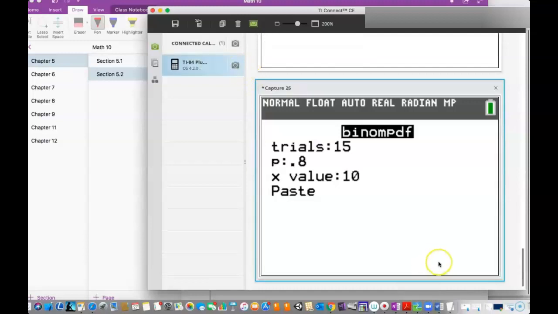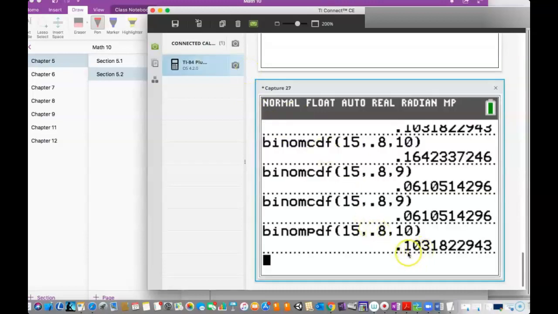Then press enter, enter, and again enter. Here the answer is 0.10, rounding is 32. We got exactly the same answer as the previous part where we didn't use the calculator. So rounding is 0.1032.